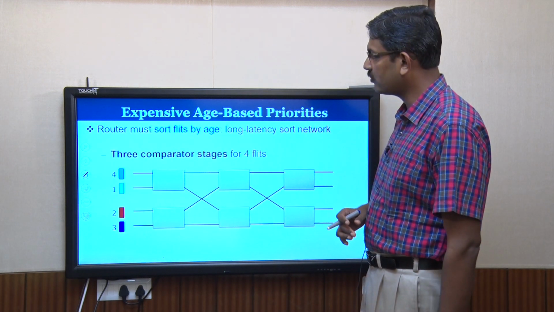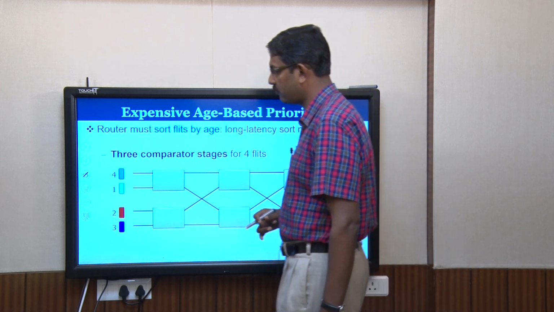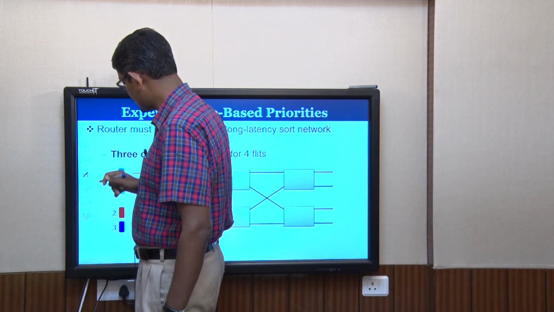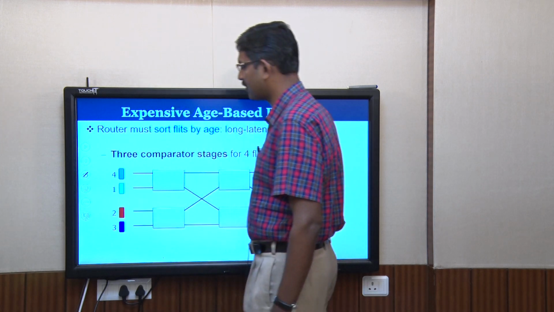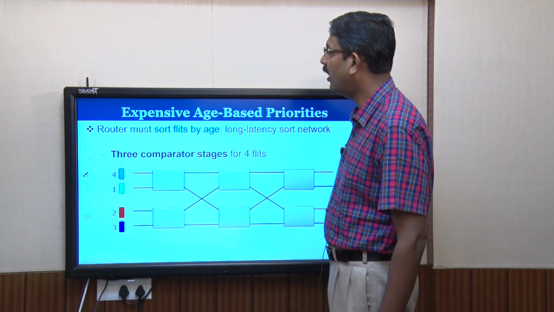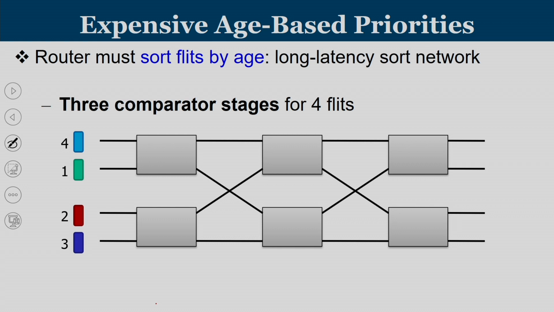Now, in order to sort 4 flits, let's say these are the 4 flits that we are going to have: this blue, green, red, and this dark blue, the 4 different flits that you can see on the slide. And routers must sort flits by age. So you need to have a long latency sort network. In order to sort 4 flits, we essentially have 4 values.